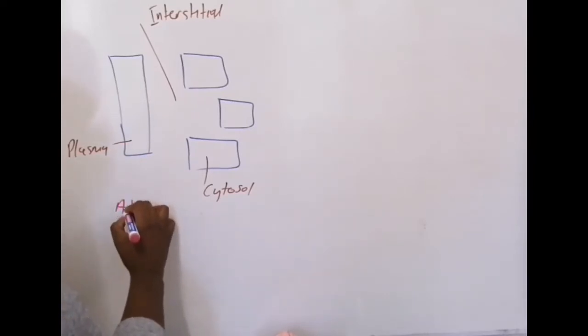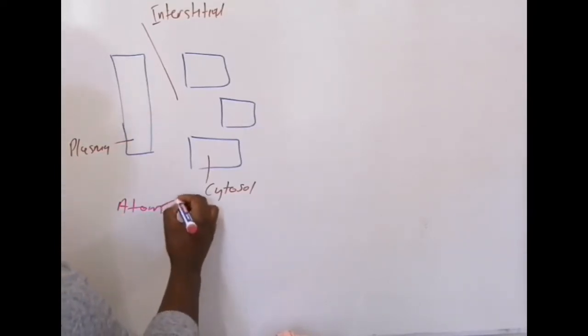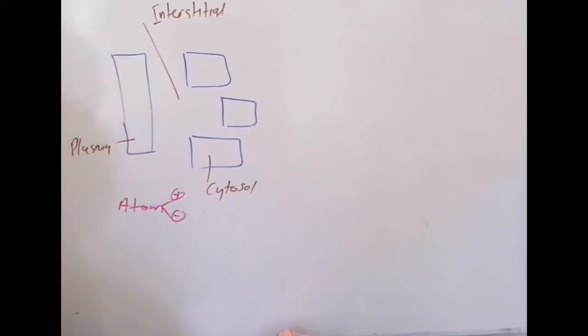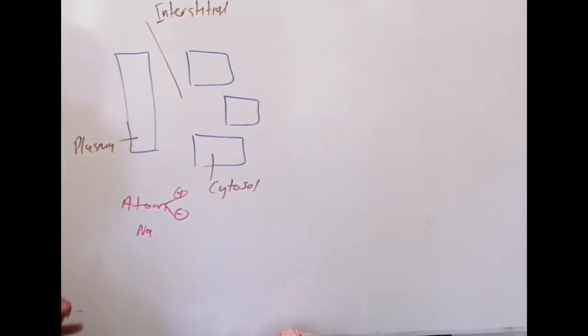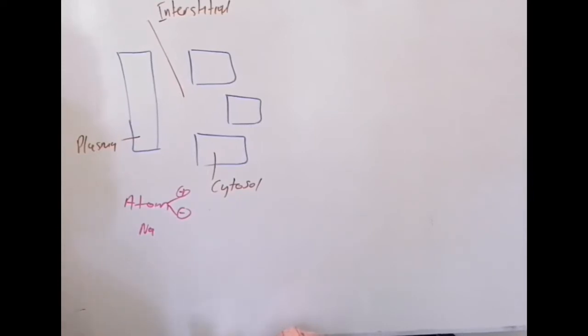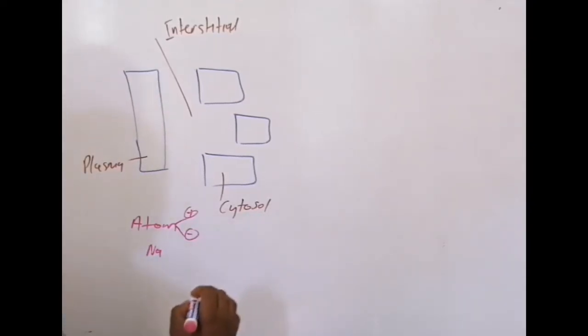An atom is neutral, which means you have the same number of positives and the same number of negatives. Just like this, this is just an atom. But once an atom gains electrons or loses electrons, it becomes charged.